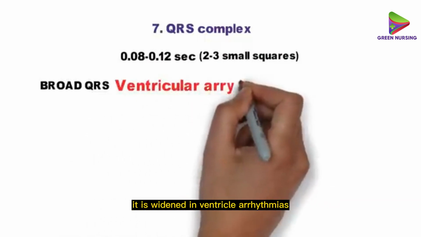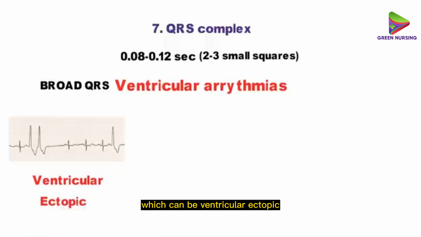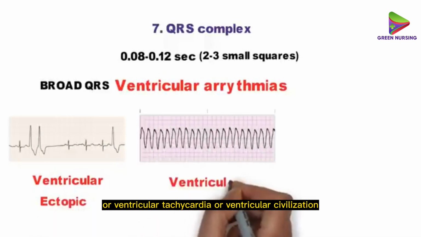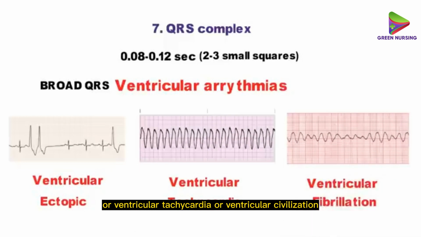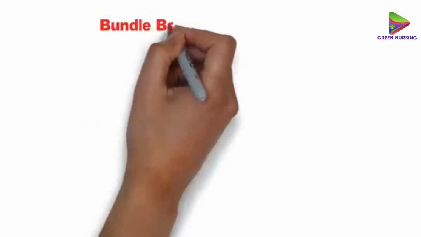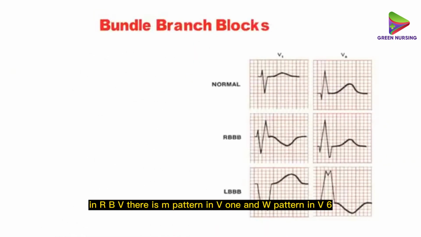It is widened in ventricular arrhythmias, which can be ventricular ectopics, ventricular tachycardia or ventricular fibrillation, or any pathology below the bundle of His. QRS is also widened in bundle branch blocks. In RBBB there is an M pattern in V1 and a W pattern in V6.